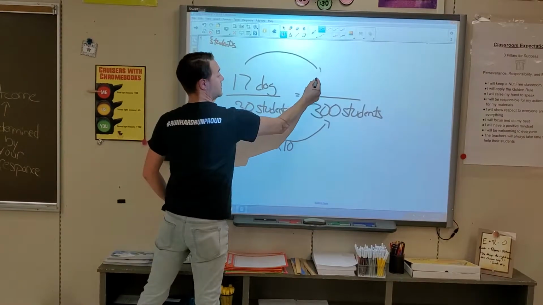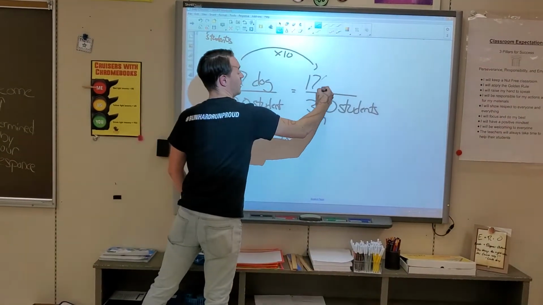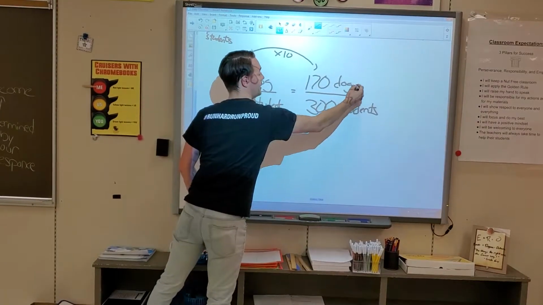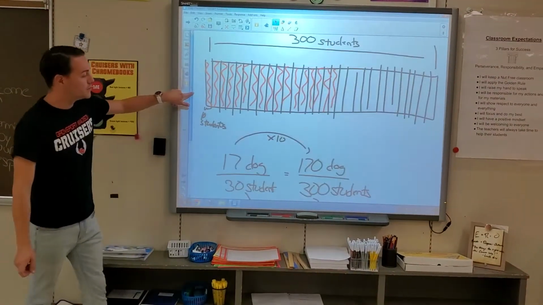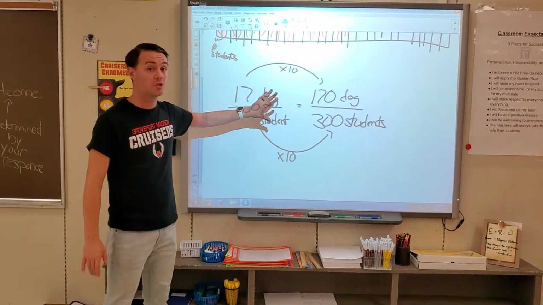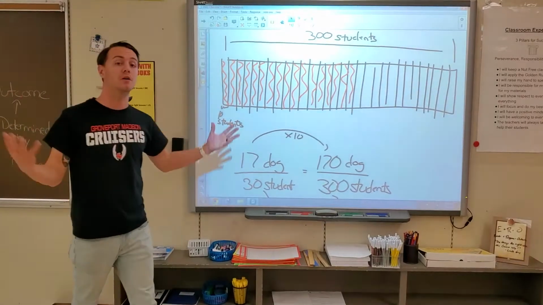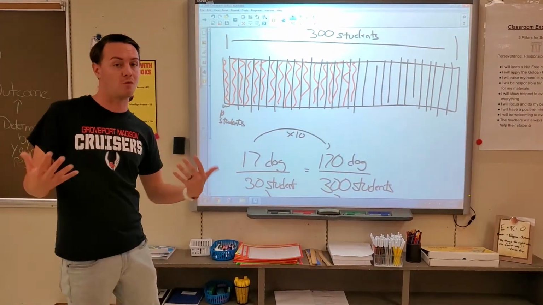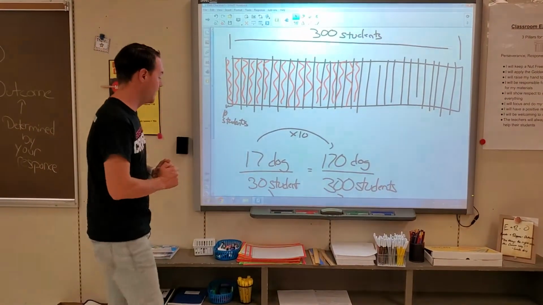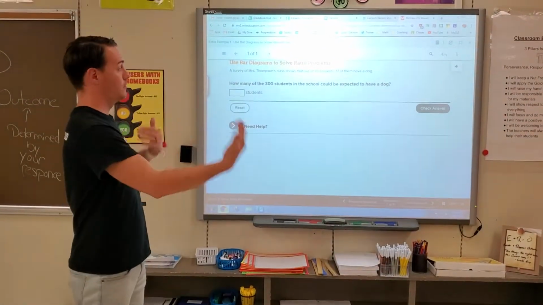So I'll do 17 times 10, which is 170. So our diagram showed the same thing as our equivalent ratios, or as this proportion did. We're just modeling it and creating a nice visual model to help us understand that. So that is how we use a bar diagram to solve this ratio problem.